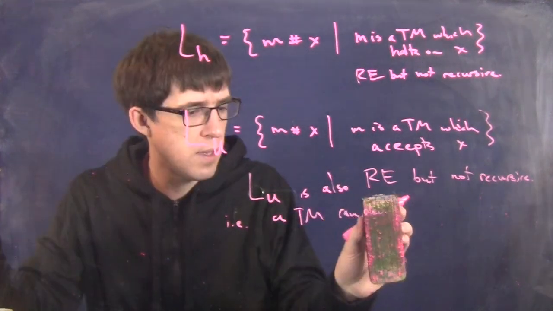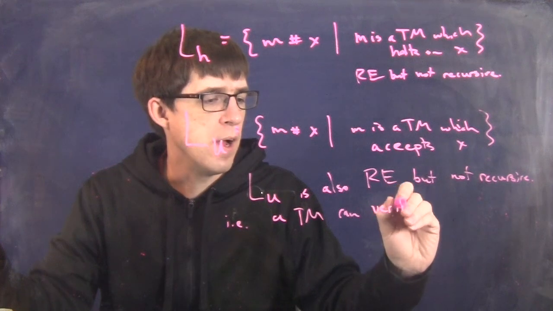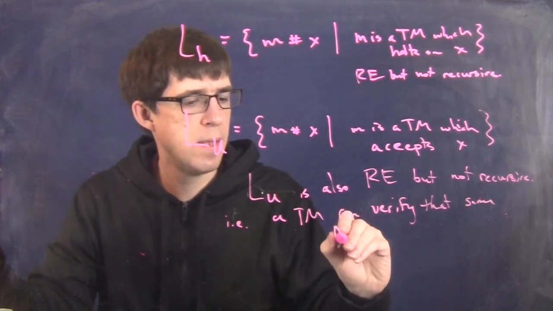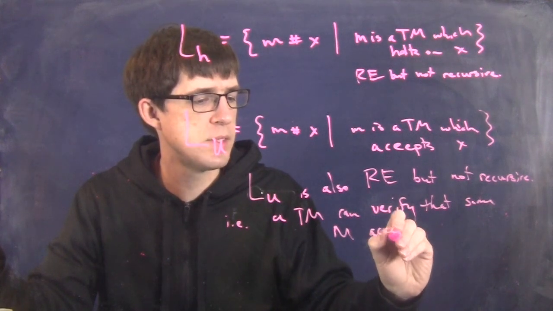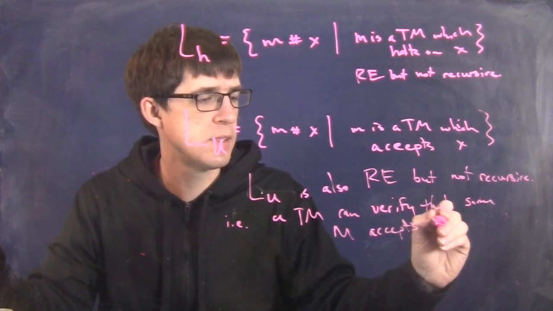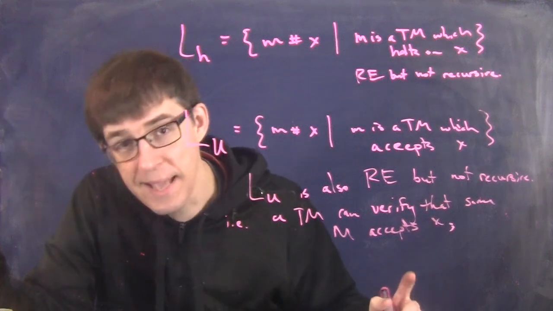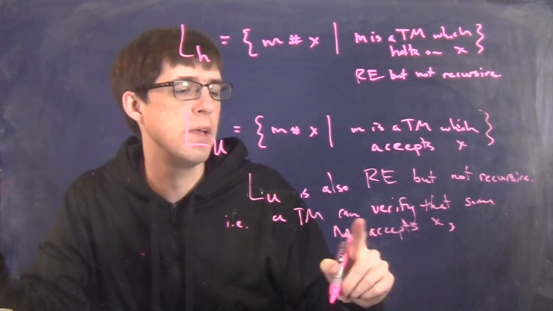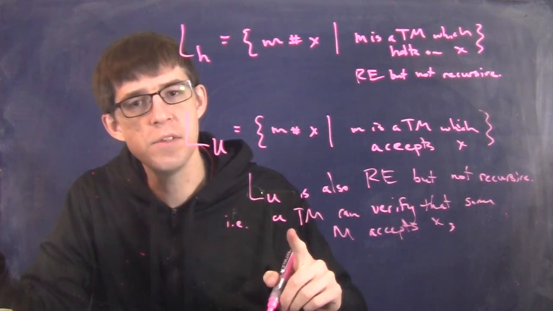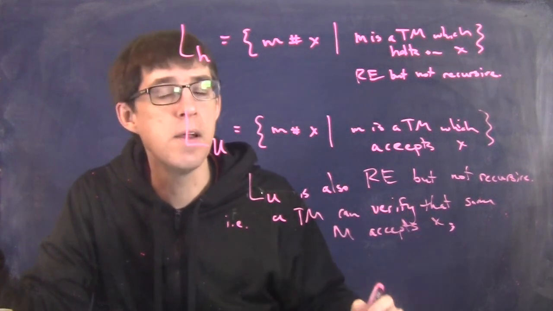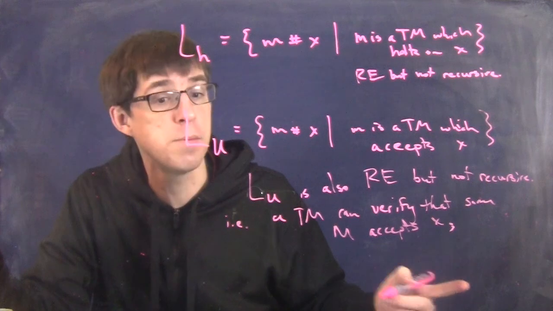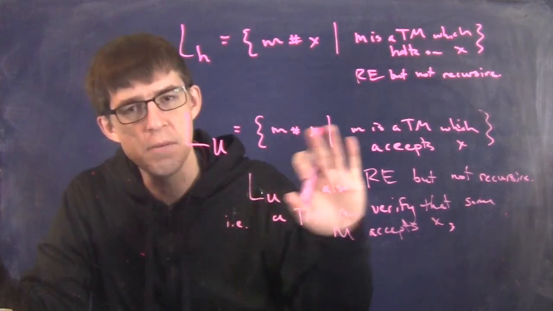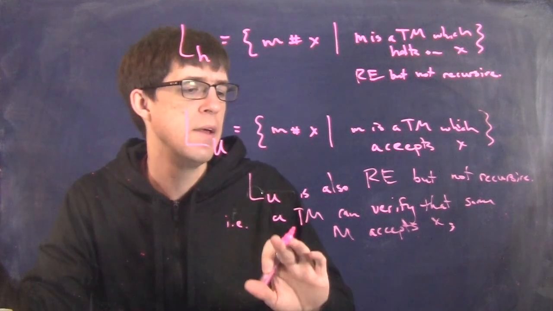What that means is, in terms of decision questions, a Turing machine can verify that some M accepts X, but it cannot decide yes or no, does it accept X. So if you already know that it does accept, then there is a Turing machine which can make that verification. That would be the universal Turing machine. That's why it's called LU. This is basically the language associated with universal Turing machines.